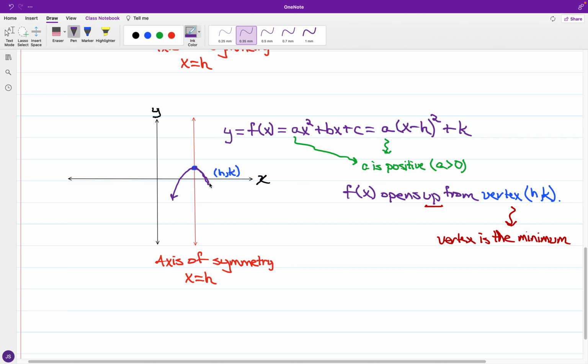It's going to be repeating, and this time the parabola is opening downward. So you have a is less than 0. And this time you're going to have the graph opening down from the vertex.